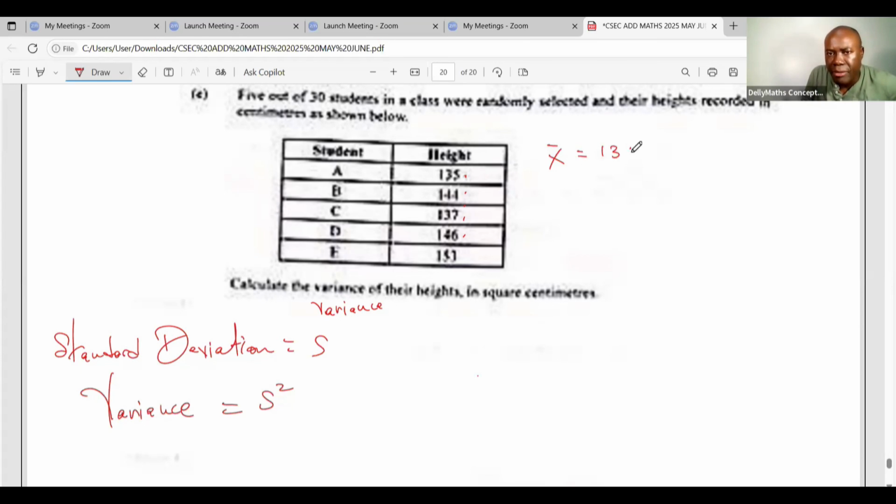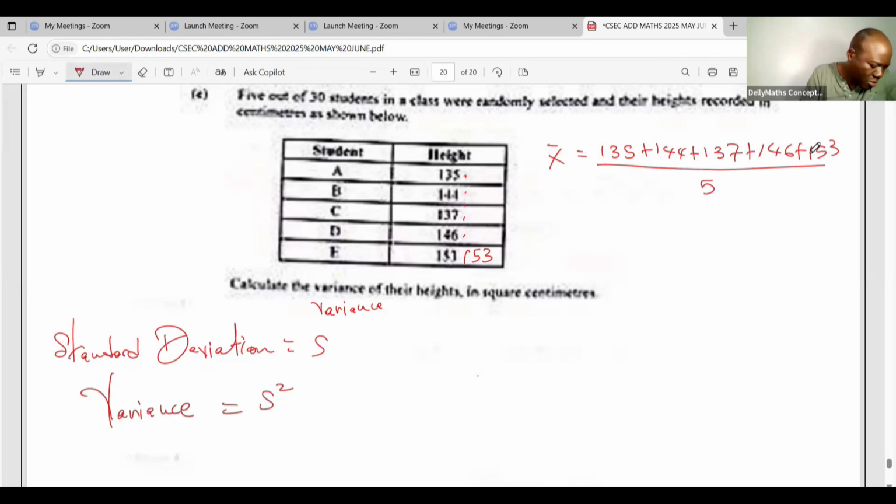So it's 135 plus 144 plus 137 plus 146 plus 153. Divide this by 5. I'm getting that my mean, my x bar, is about 143 overall.